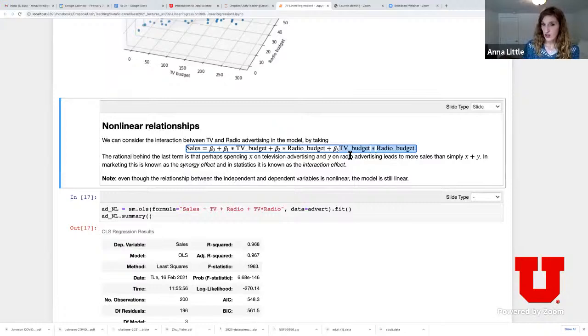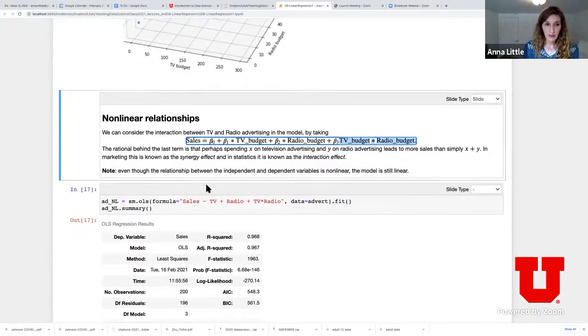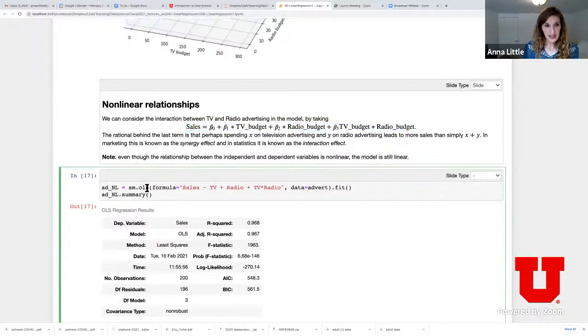So you could construct a column that has that product in the data and then do linear regression on TV, radio, and the product. But the OLS also has this functionality built in, so you don't even have to do that. You can just call this model with TV plus radio plus TV times radio, and it will create this third variable, the interaction of TV and radio.